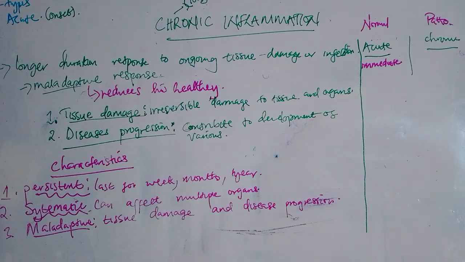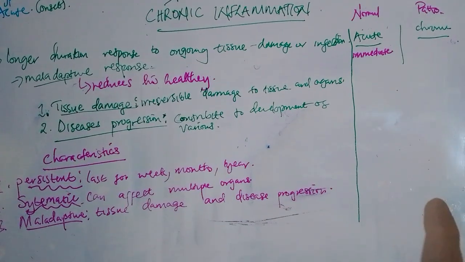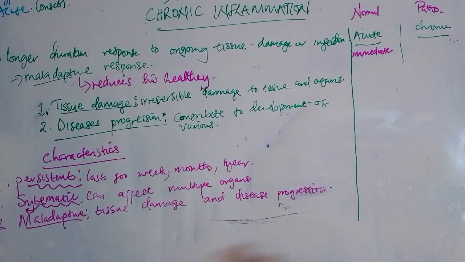Yeah, so these are some of the characteristics which you need to understand whenever you are looking at what? Chronic inflammation. So now moving on to our final part of this video, which is the examples of chronic inflammation.